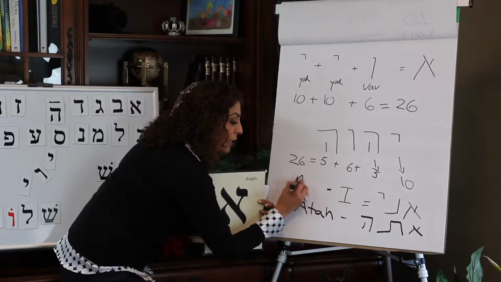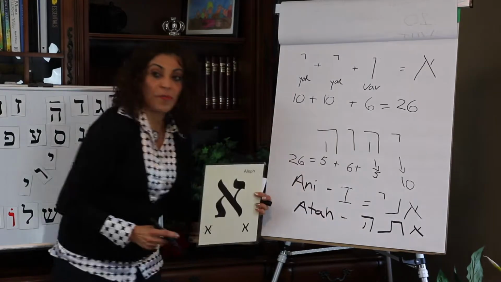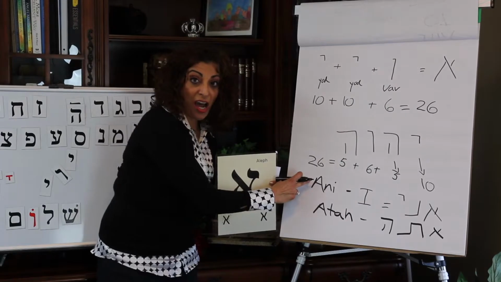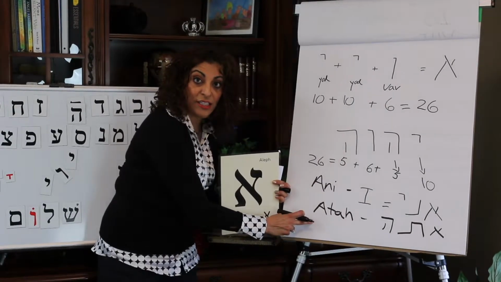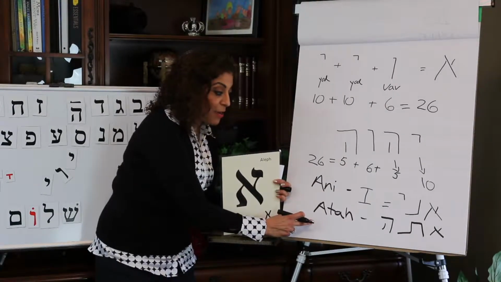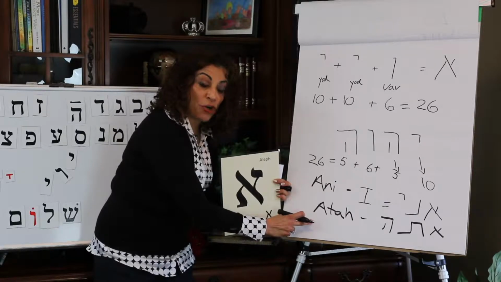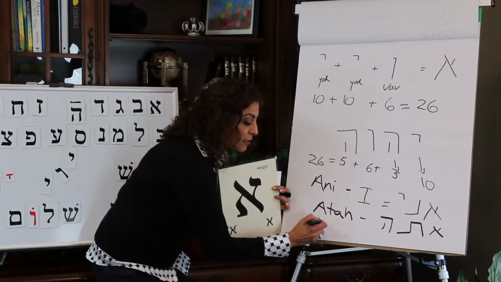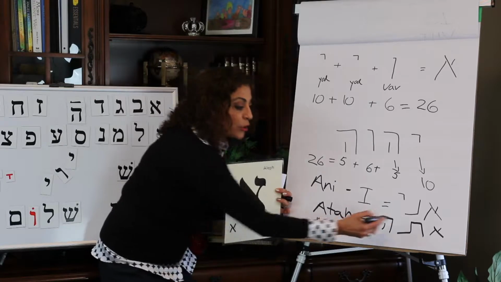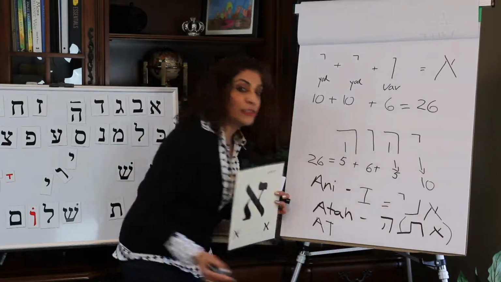And this is ani. Ani is I, ata is you for David. But if I wanted to say you for a girl, I will say at.